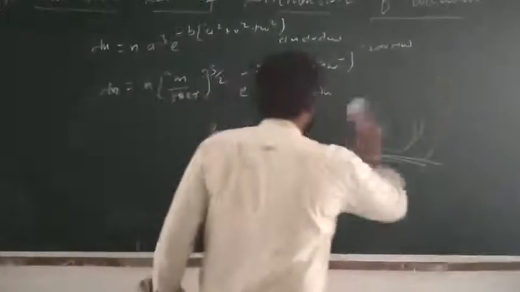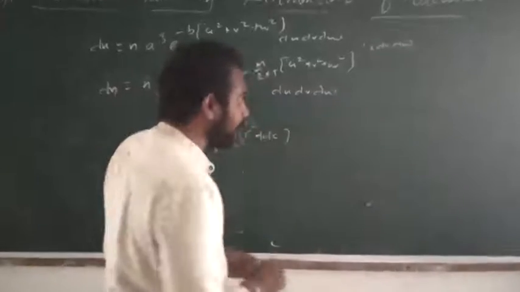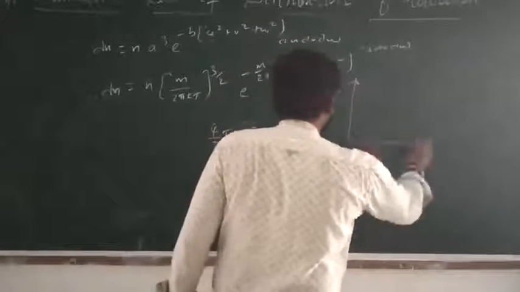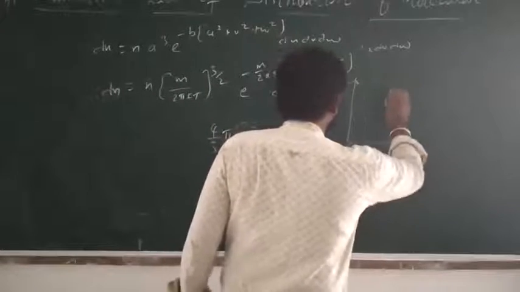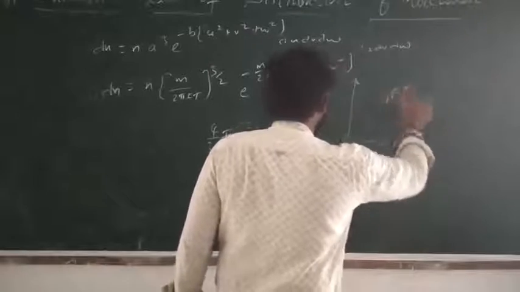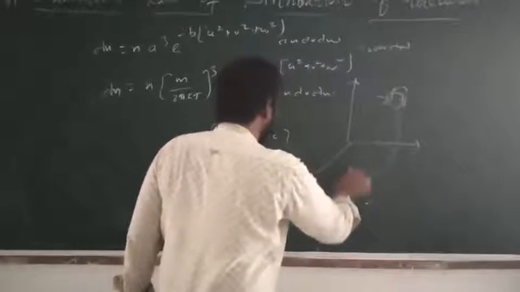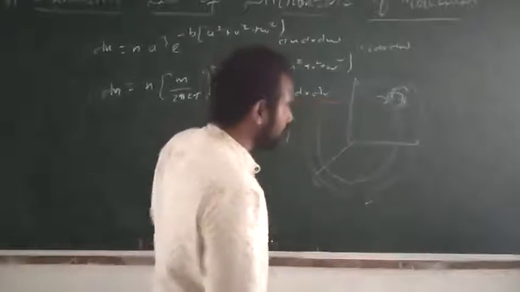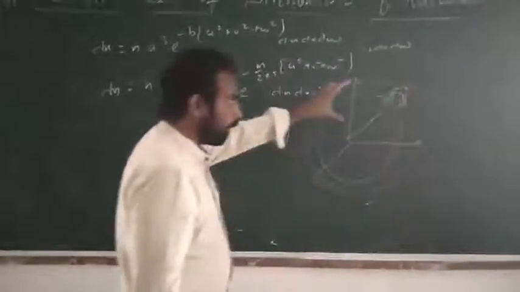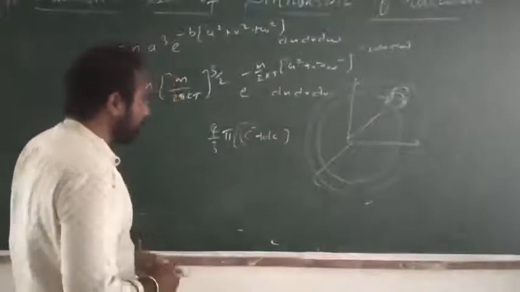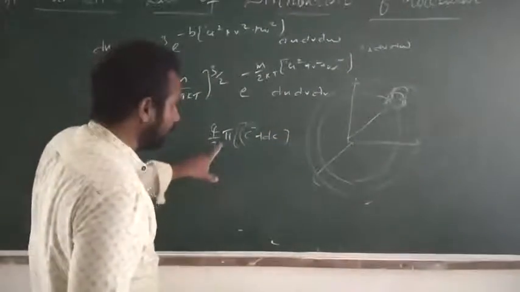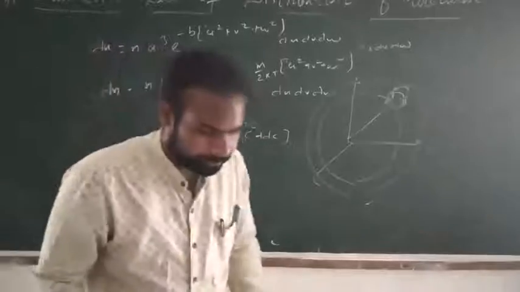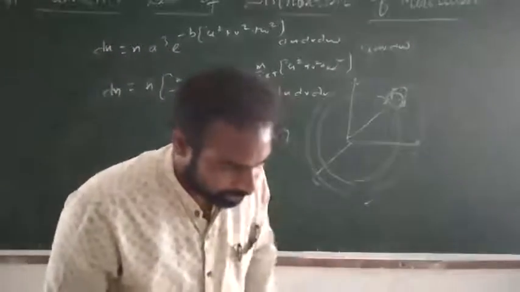Just see the diagram in your textbook; already I drew the diagram. This volume du dv dw will be lying between two spheres. The volume of that shell is given by 4 by 3 into pi into c plus dc.